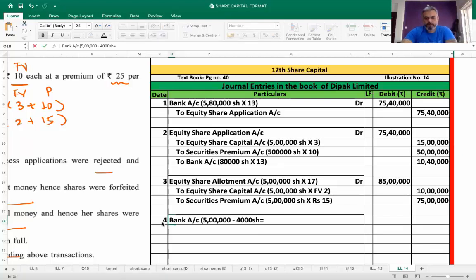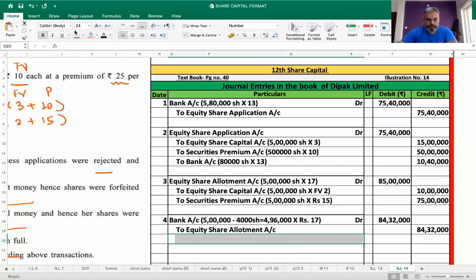So which is equal to 4 lakh 96,000 into rupees 17 is what we received. 496 into rupees 17 is 84 lakh 32,000 to equity share allotment account. 84 lakh 32,000.